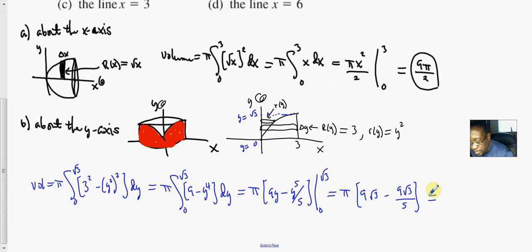So this gives us 36 pi times the square root of 3 all over 5.